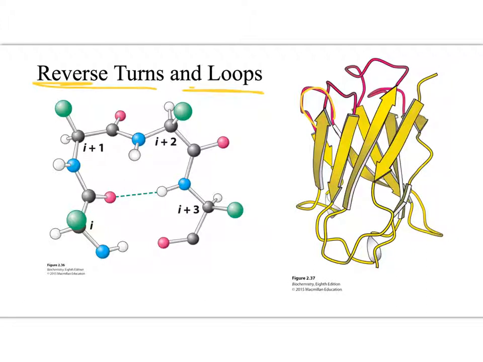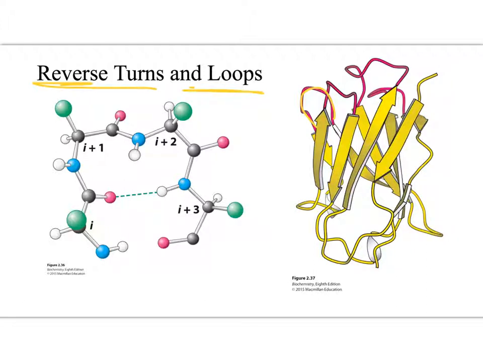Reverse turns, we can also see beta turns or hairpin turns. They involve that carboxylic group, that C double bond O. That residue is hydrogen bonded to an amino group residue.